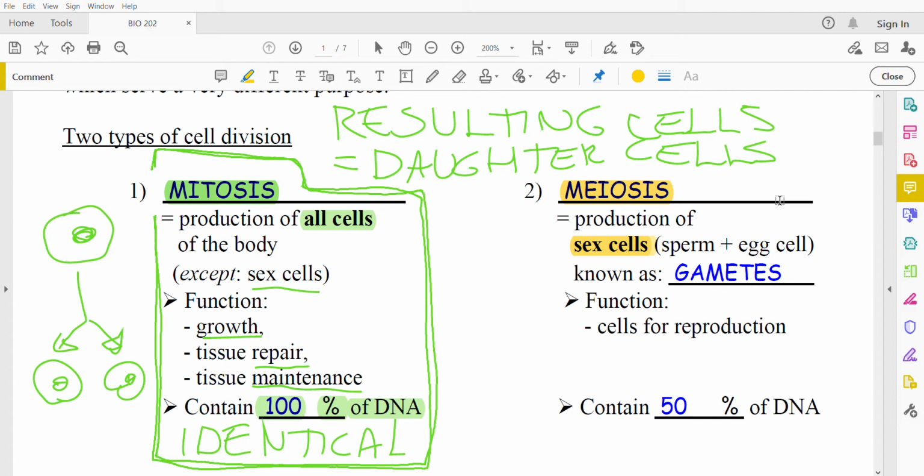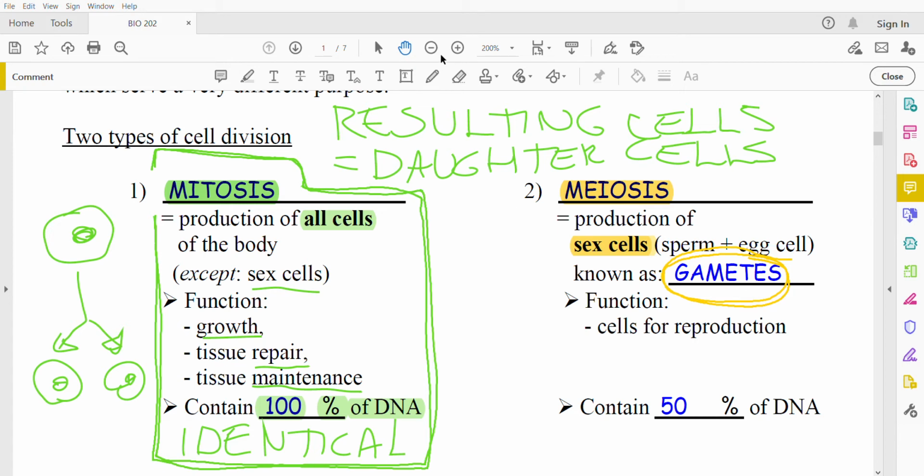So the reproductive cells, these cells are known as gametes. So gametes are produced as a result of the process of meiosis. So that's another important thing to note here.